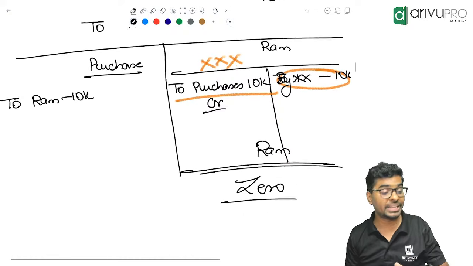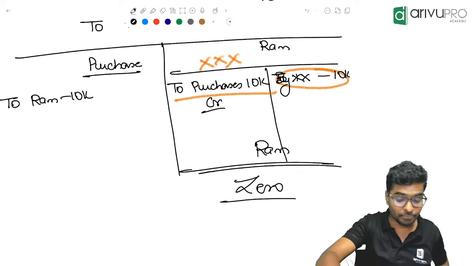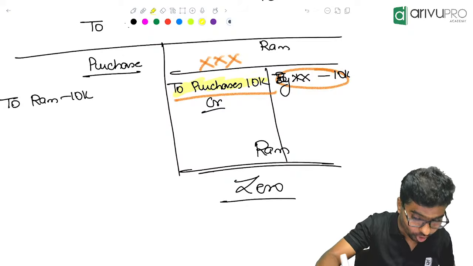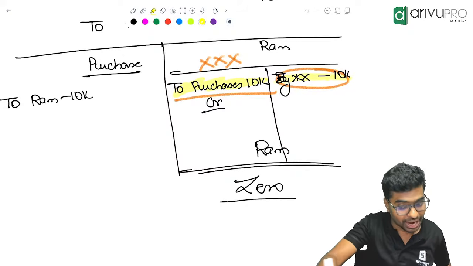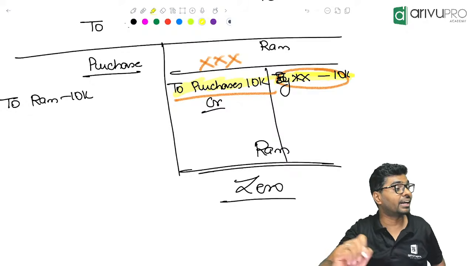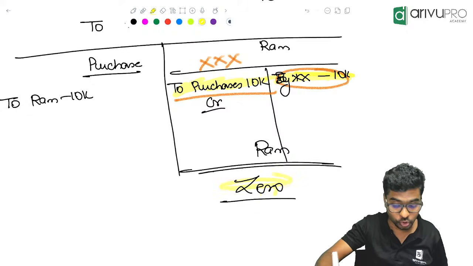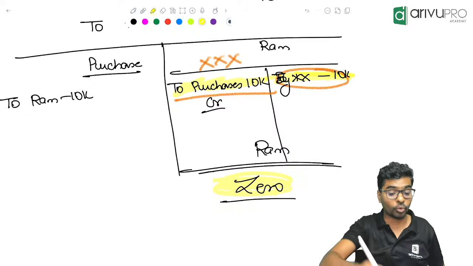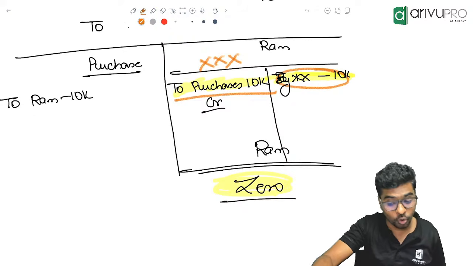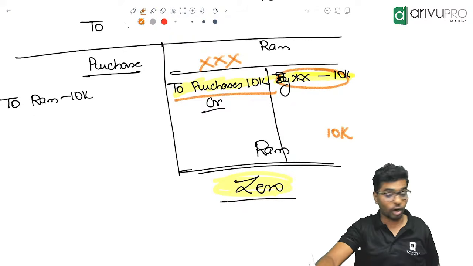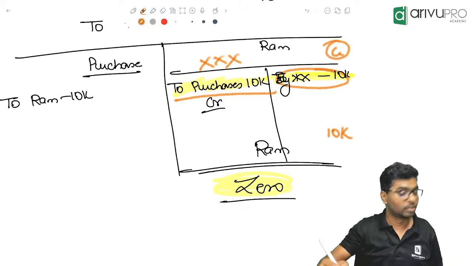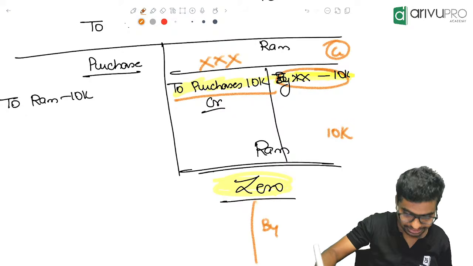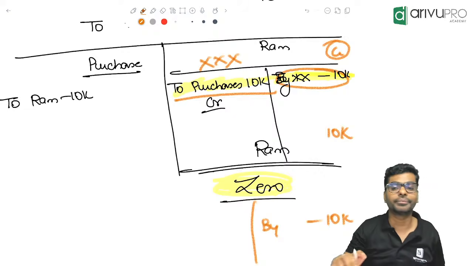It is becoming 0. Please understand, there was already a purchase entry of 10. The moment I passed a rectified entry, the ledger account is showing zero balance. But what was the objective? To show a balance on which side? So again I will write by something 10k.